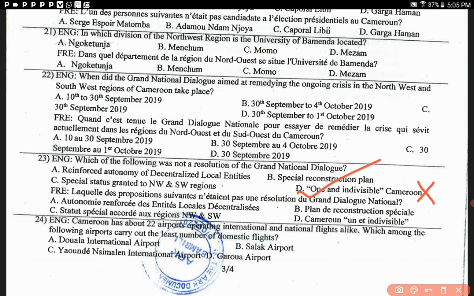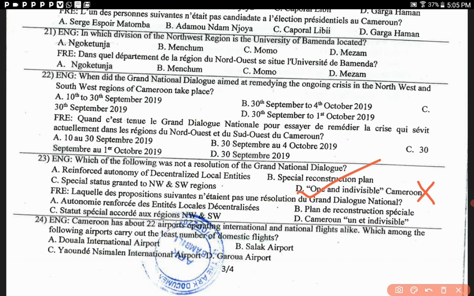So the major national dialogue produced resolutions like the reinforced autonomy for decentralized entities, and then the proposal which concerned the special status and the reconstruction plans for the affected regions, which were mainly the Northwest and the Southwest regions.